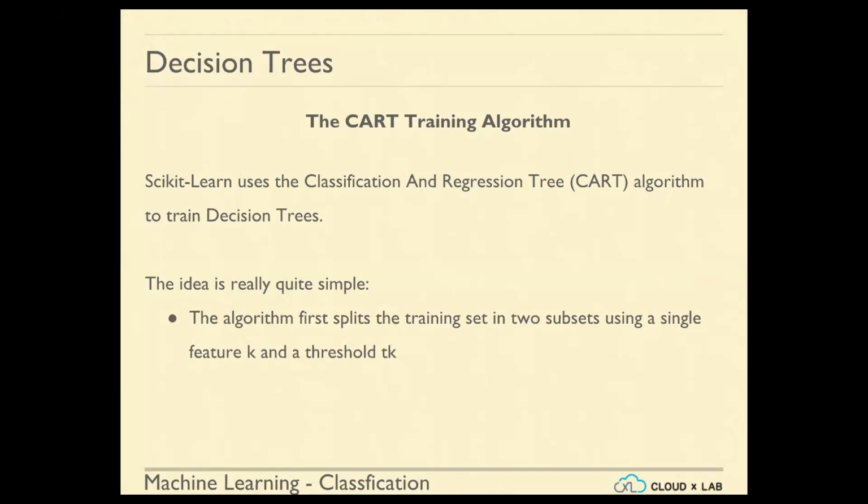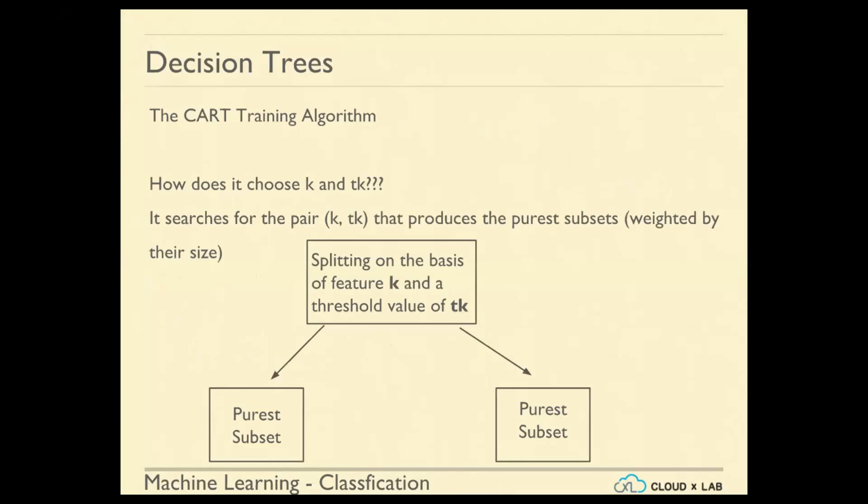CART means classification and regression trees. The idea is quite simple. The algorithm needs to split, right? So it splits the training set into two subsets using a single feature k and a threshold t_k, such that it produces the purest subsets.